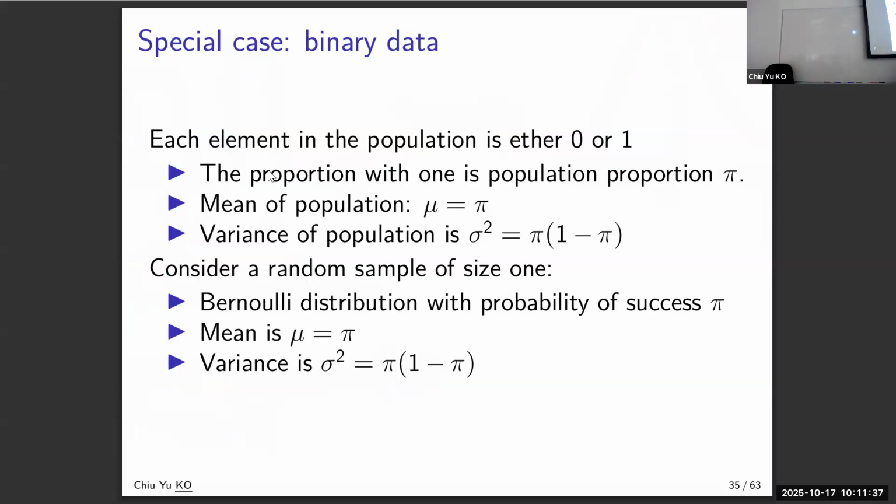And if you draw a single variable there, that would give you the pi, and the mean will be pi, and variance pi times 1 minus pi. That comes from the Bernoulli distribution, because you draw a number, it will be either 0 or 1, and how likely you get a 1 is pi.